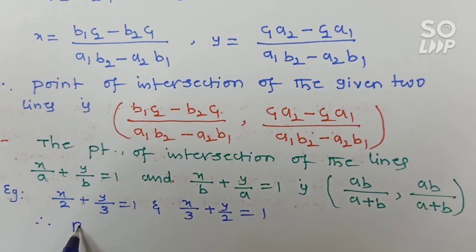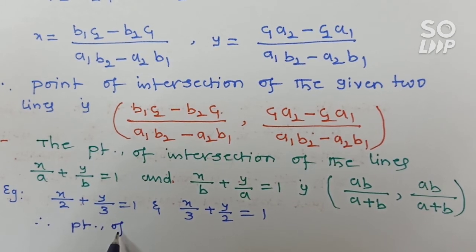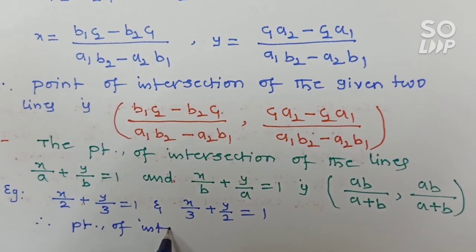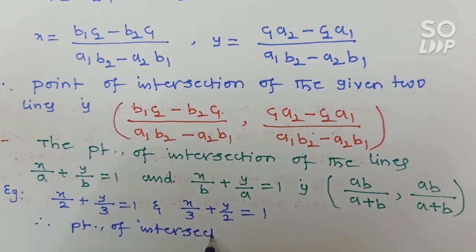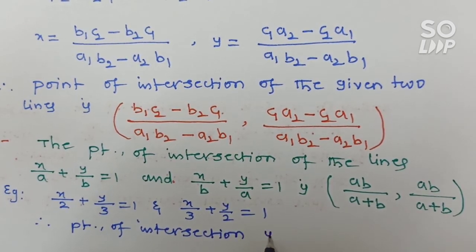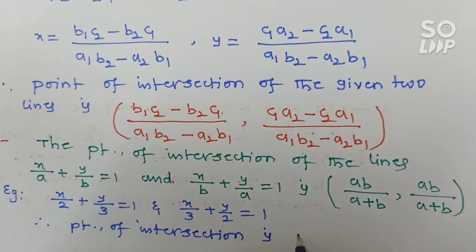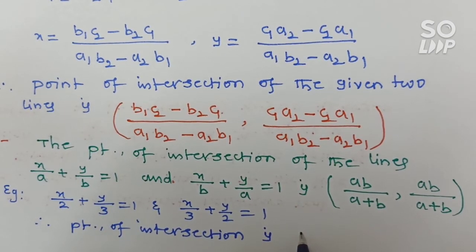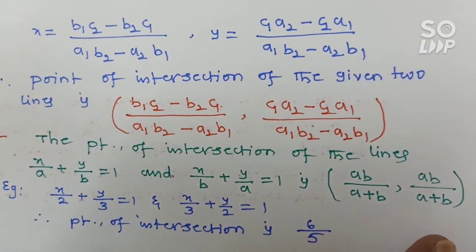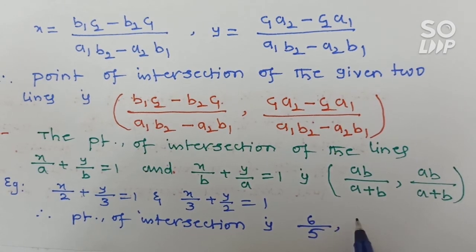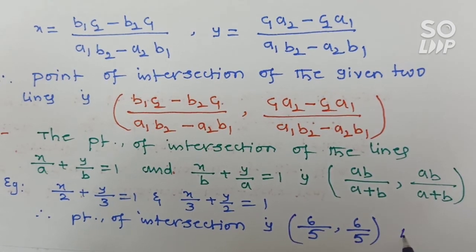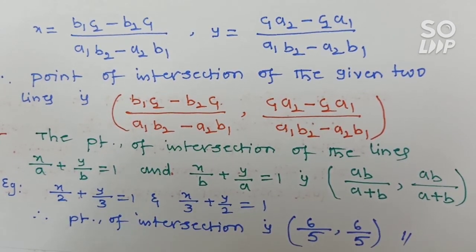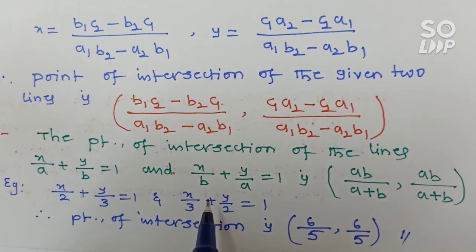Therefore, the point of intersection, according to this formula, a into b, where a is 2 and b is 3, is 6, whole divided by a plus b, which is 5, comma, the y coordinate is also 6 by 5. So this is one example of the above formula. This is very useful from the objective point of view, right?